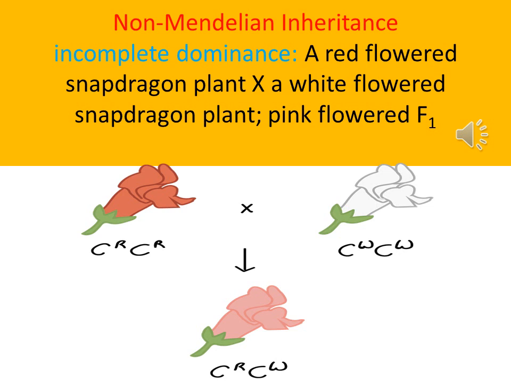As shown in the figure here, the F1 generation of the plant all produce pink flowers. Both colors blended, red and white blended to get pink. Hence, none of the colors is completely dominant over the other. We say that it is a case of incomplete dominance.